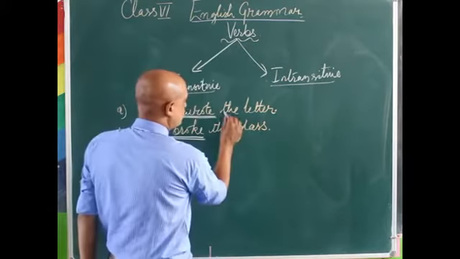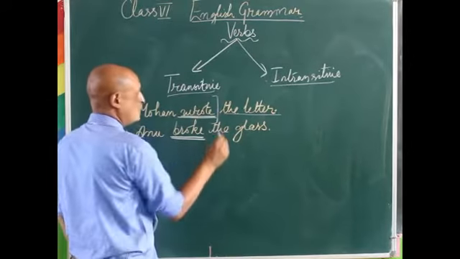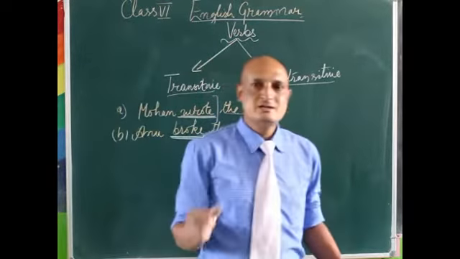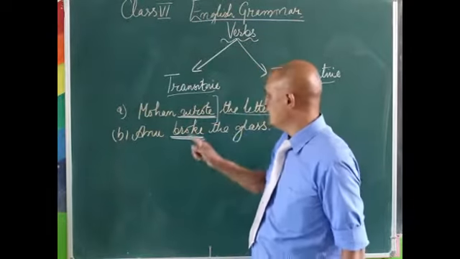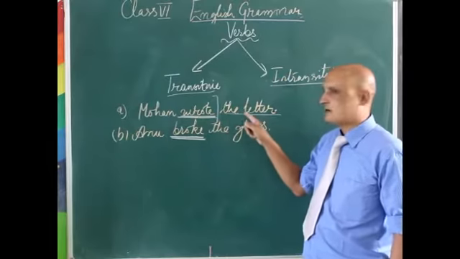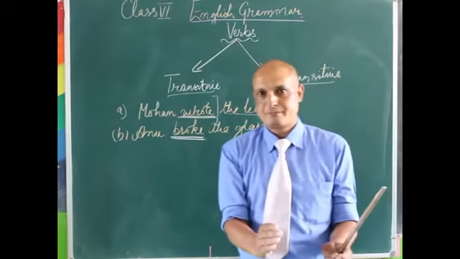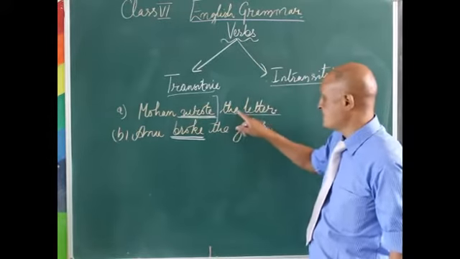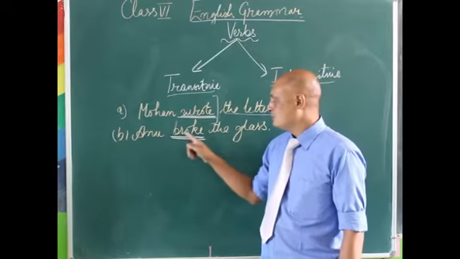Mohan wrote the letter. If we just write Mohan wrote, it is incomplete. Therefore, here we need the next part of the sentence. Wrote what? We need an object. So the object here in the sentence is the letter. The second sentence, Anu broke.